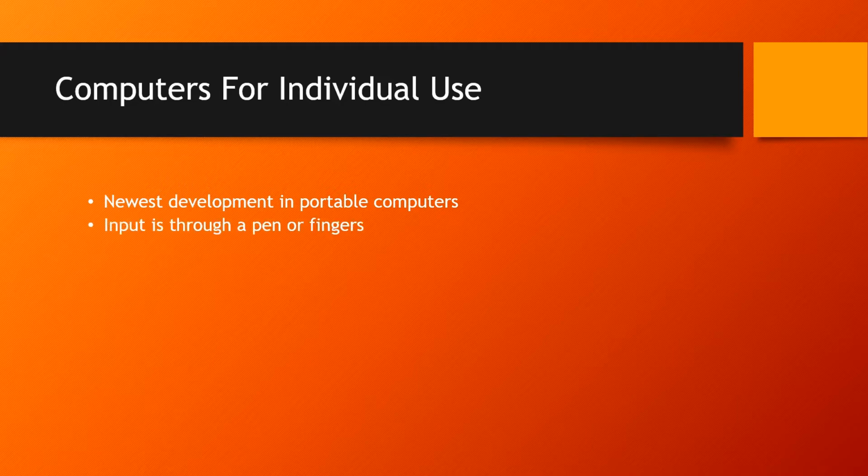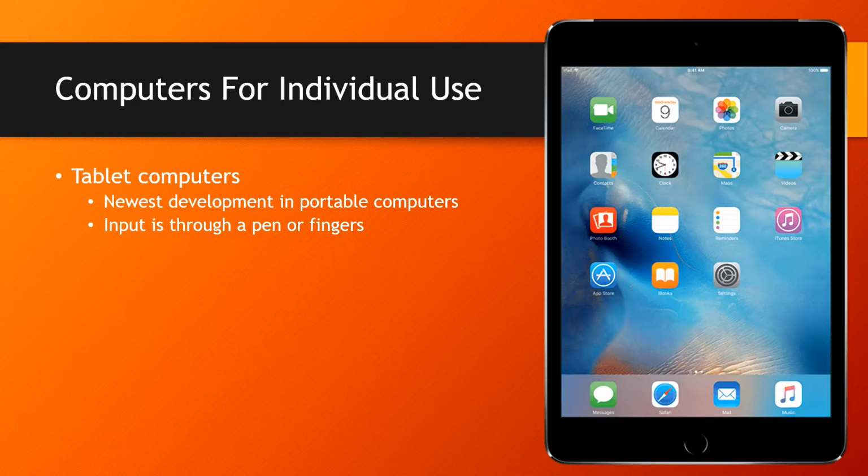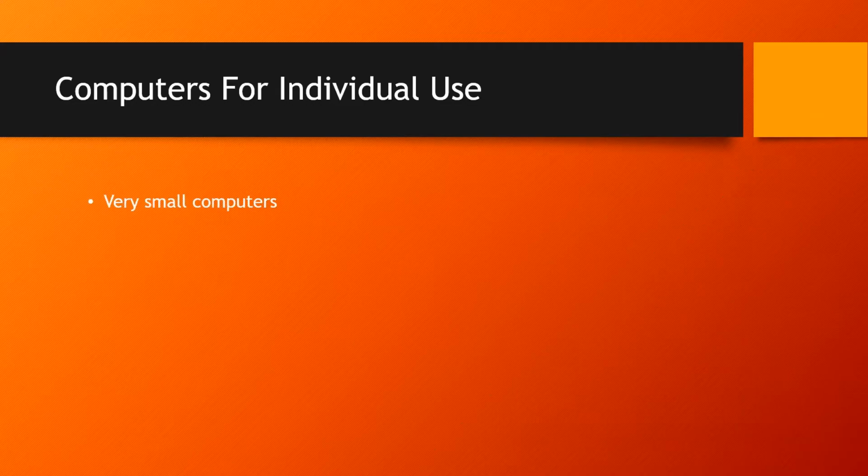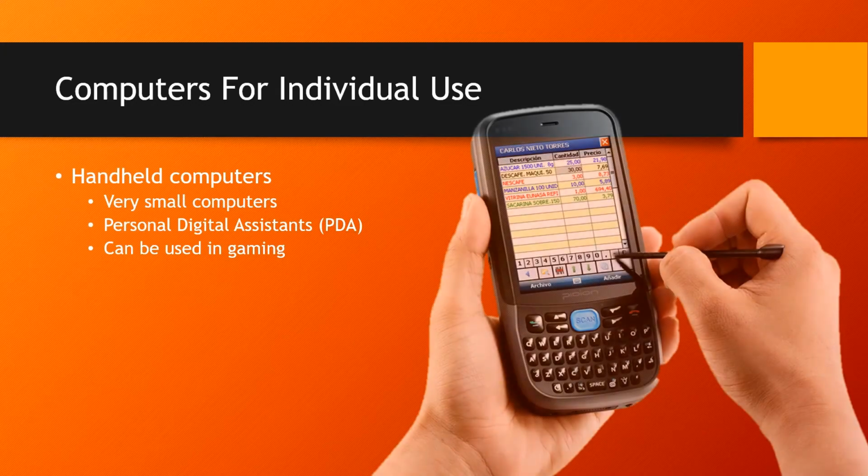And the newest development in portable computers, where the input is through pen or fingers, looks like this. They are tablet computers. So basically, right now, many computers have become smaller, more powerful, and handheld. These are very small computers, no?